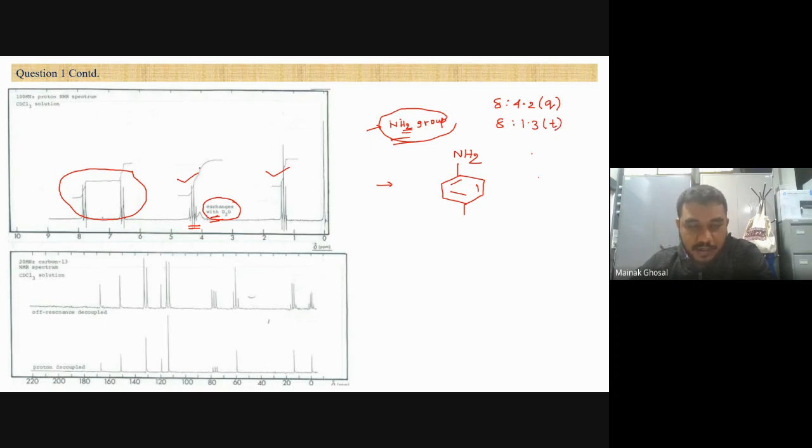If you count the number of hydrogens, and from the 4.2 quartet and 1.3 triplet, what kind of group is possible from here? Ethyl group, exactly. Only ethyl?